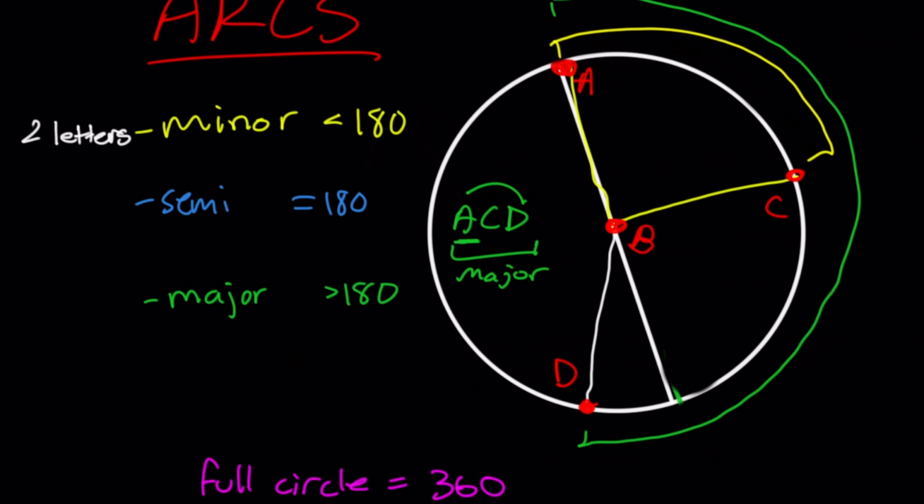First is A, then C, then D. So you go from here to C, and then to D, which is a major arc. That's why major arcs have 3 letters, so don't make that mistake, because that will lead you to the wrong answer.